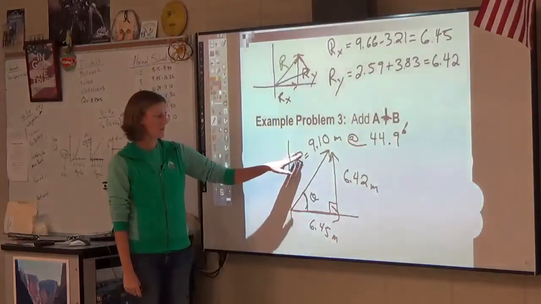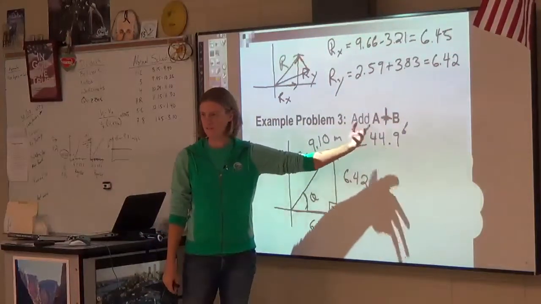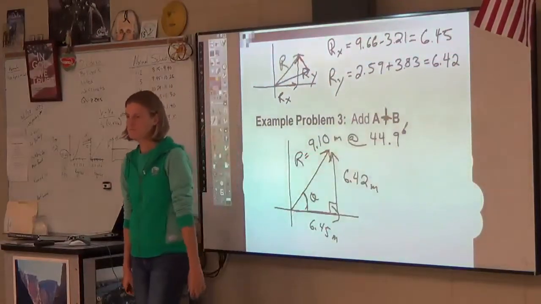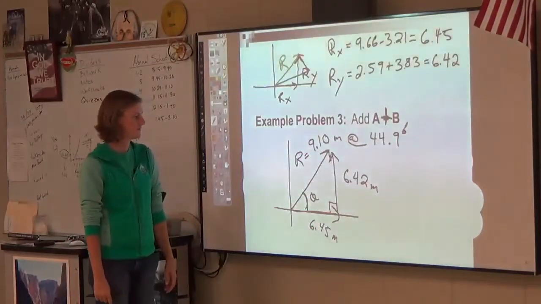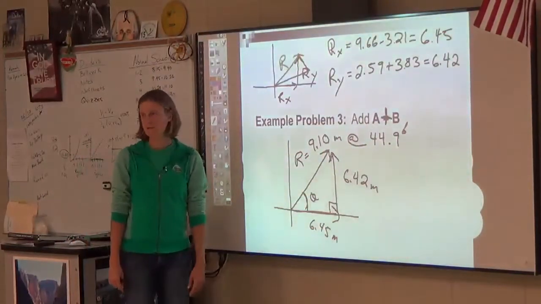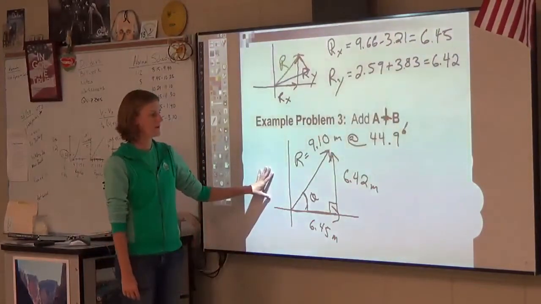I think yesterday when we did the graphical method, I had maybe 43. It was okay. Obviously not exact, but it was decent. And that's it. That is how you would get your exact answer using the components method to add vectors.